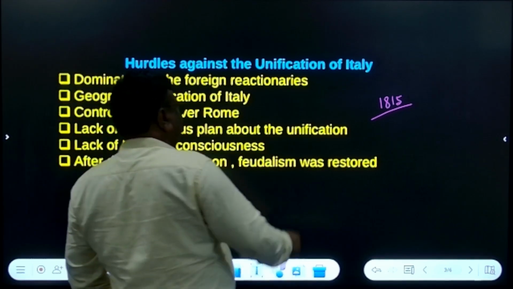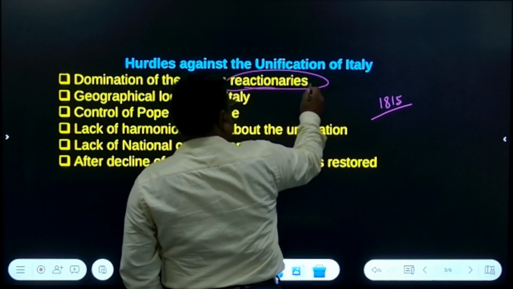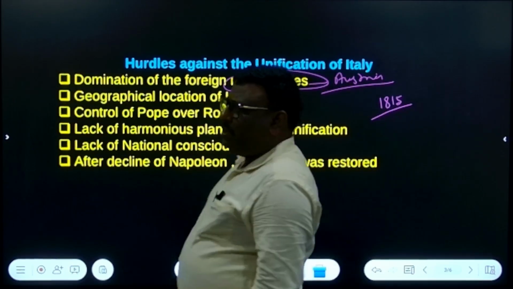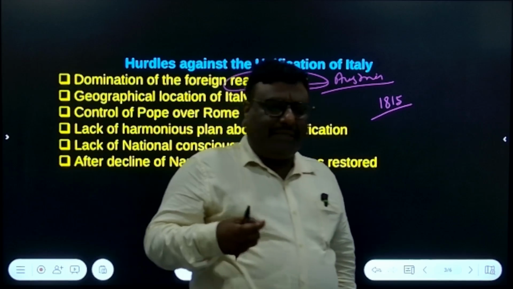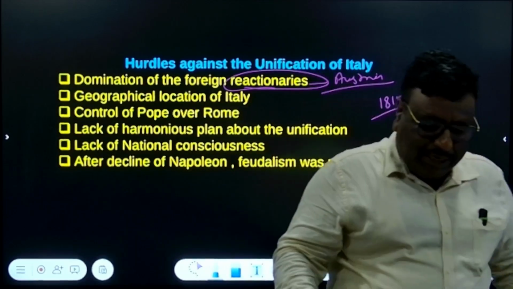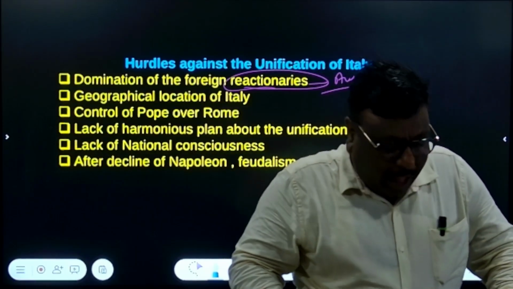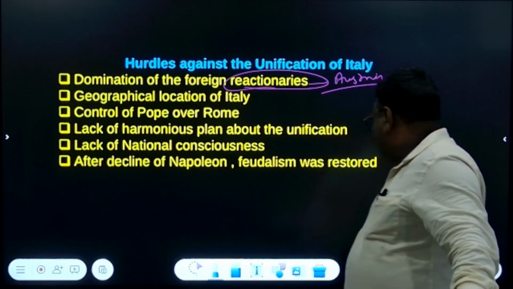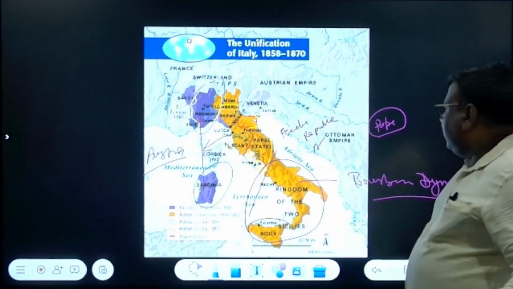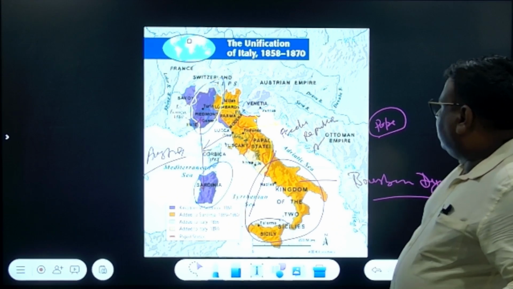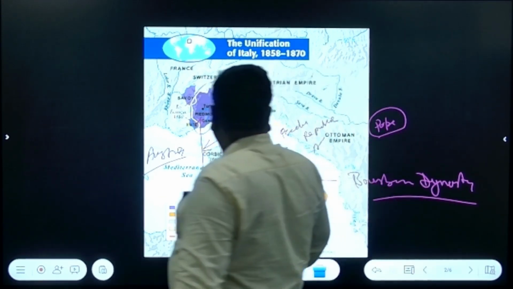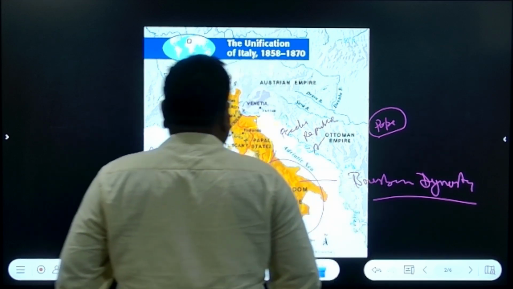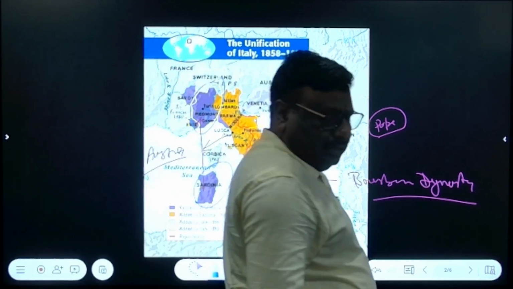The first was the domination of foreign reactionaries, particularly Austria. Austria was a dictator or imperialist, or you can say reactionary power, and Lombardy and Venetia were directly controlled by Austria. You should remember these facts.